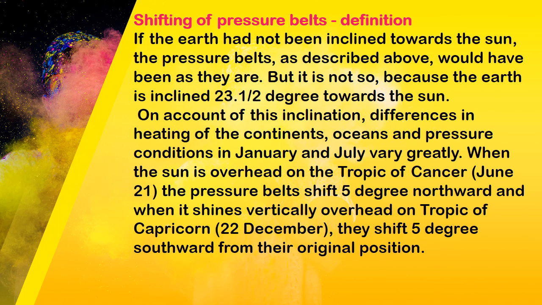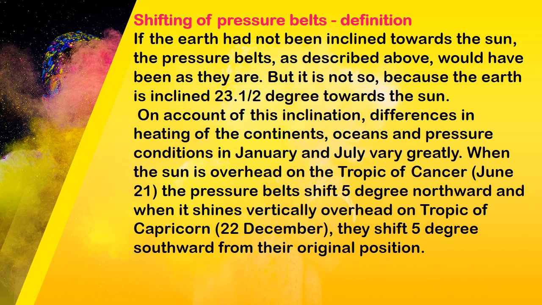As the sun moves towards Tropic of Cancer, the pressure belts also shift 5 degree north, and as the sun moves towards the Tropic of Capricorn, they also shift 5 degree southwards.